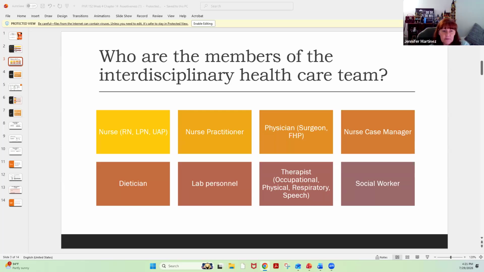So a variety of different types of UAPs. Could be nurse practitioners. It could be physicians, whether it's a surgeon or residents, interns. It could be the nursing case manager, the dietitian, your lab personnel. And then, of course, we have our therapists, our PT, OT, speech, respiratory, and social worker.